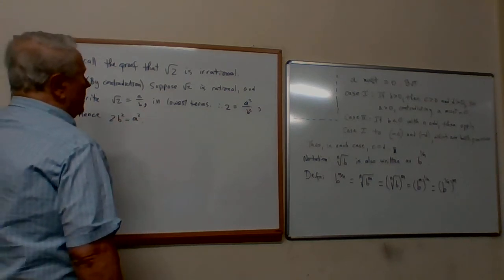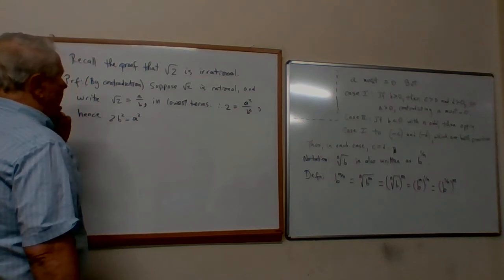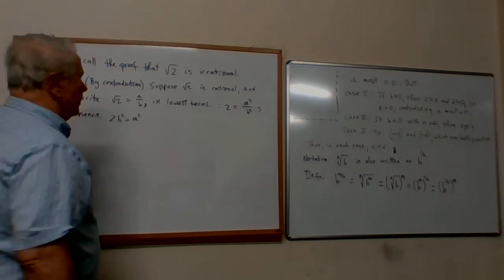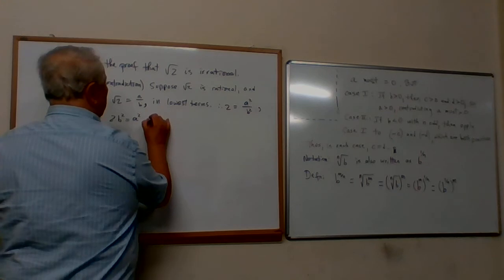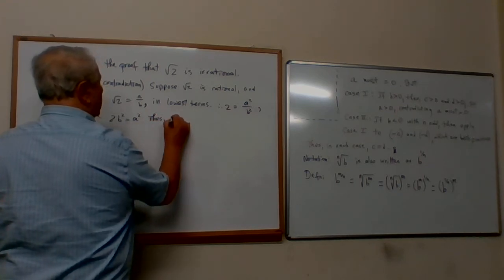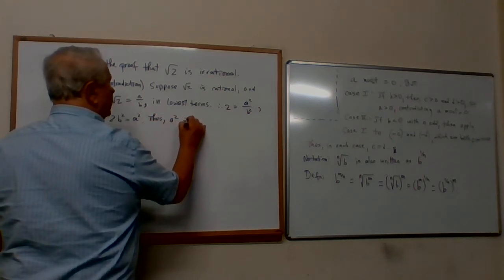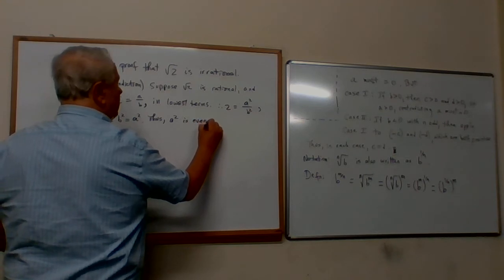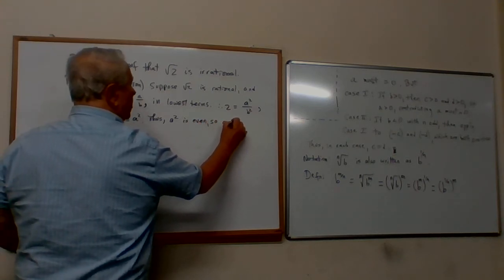Okay? Now, that means a squared is even. Thus, a squared is even. So a is even.